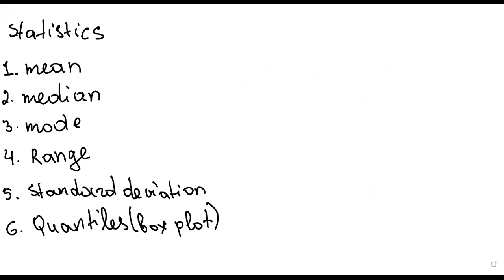So we have talked about range. Now one of the last two is standard deviation. What's standard deviation, guys? There's a standard deviation formula, which is a really annoying formula you will see in universities.